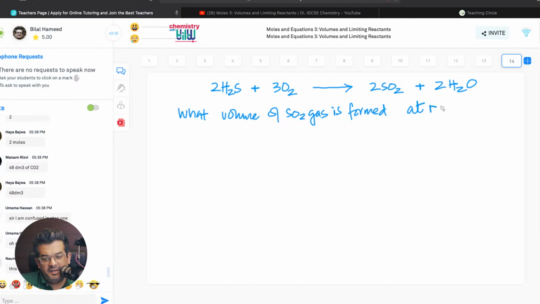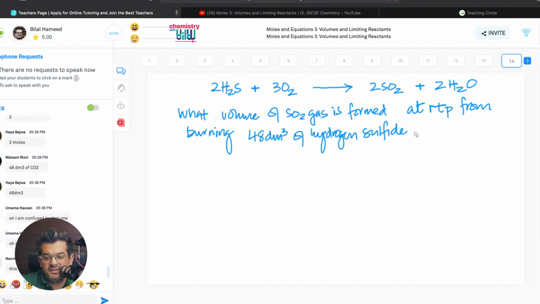Then the question is, what volume of SO2 gas is formed, measured at RTP, from burning, because anything that reacts with oxygen is called burning or combustion, from burning 48 dm cube of hydrogen sulfide. Hydrogen sulfide, by the way, is H2S. That's what you should know. So now I've been given the equation and the question.